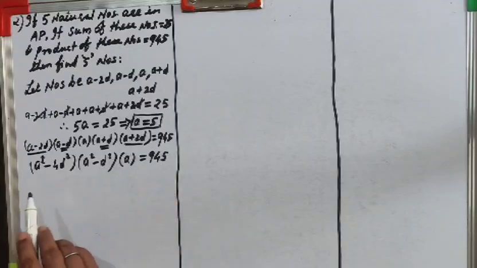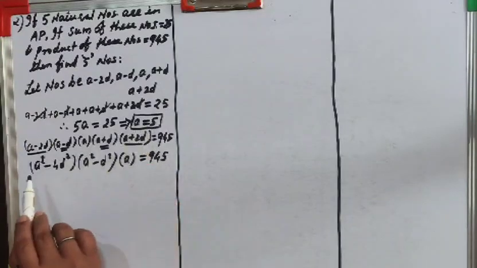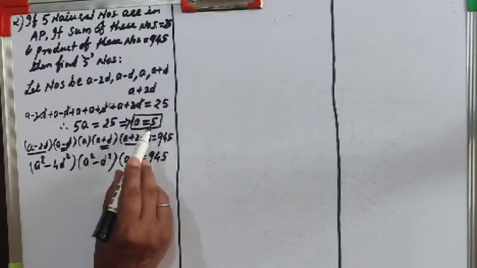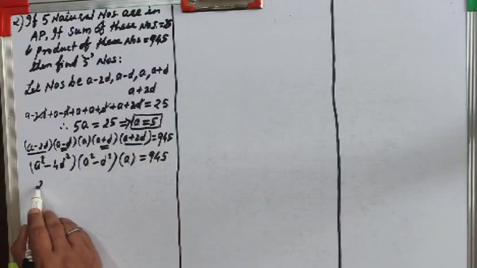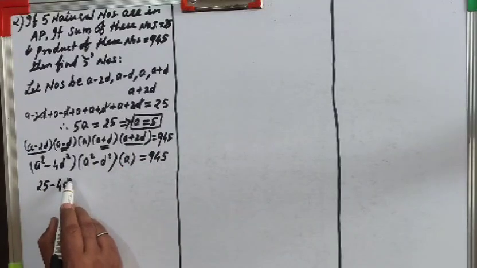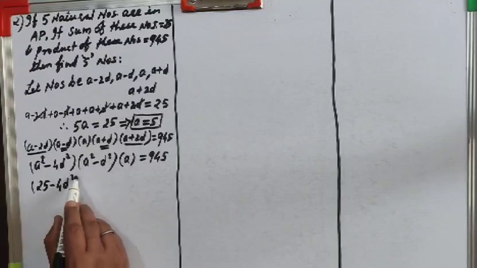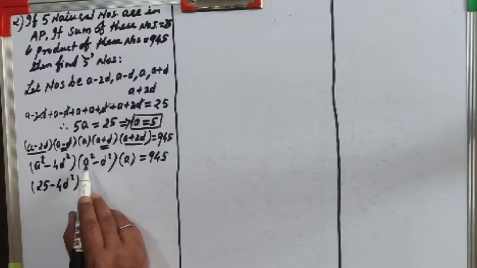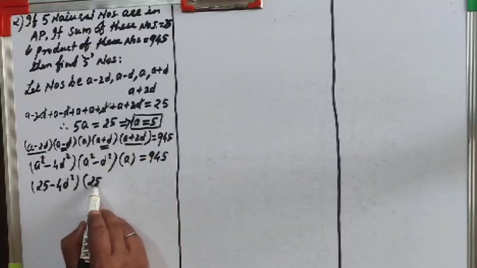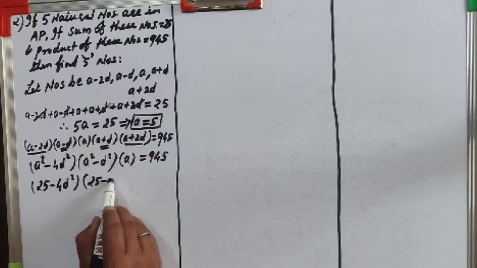Now, wherever A is there, you can substitute 5 in place of A. So 5 square will become 25 minus 4D square. This you put in the bracket. Similarly here, A equals 5, so it is 25 minus D square.